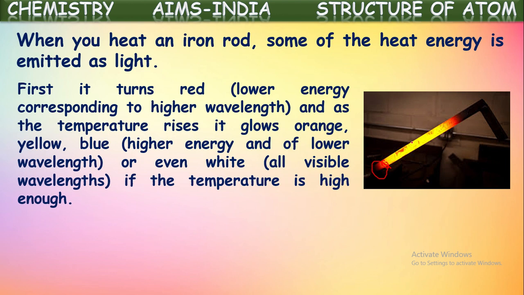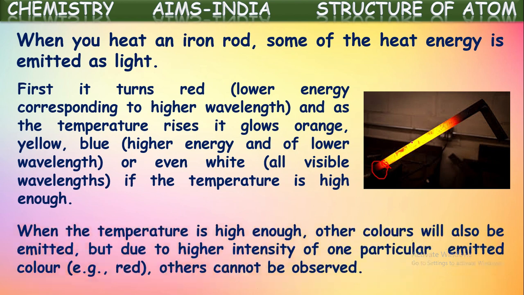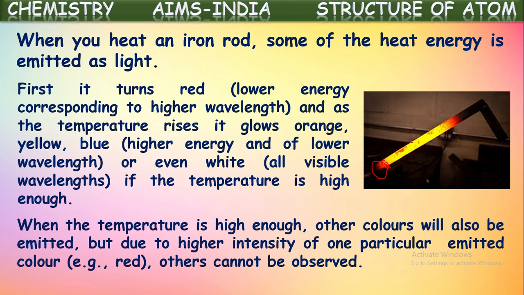If the temperature is high enough, then it glows white as it is heated to very high temperatures, isn't it? Yes. When the temperature is high enough, other colors will also be emitted. But due to the higher intensity of one particular emitted color, the other colors cannot be observed.